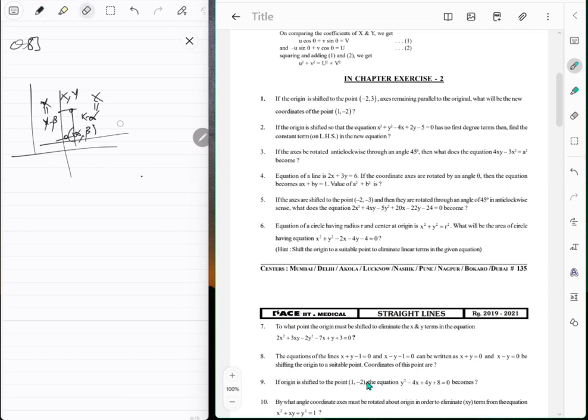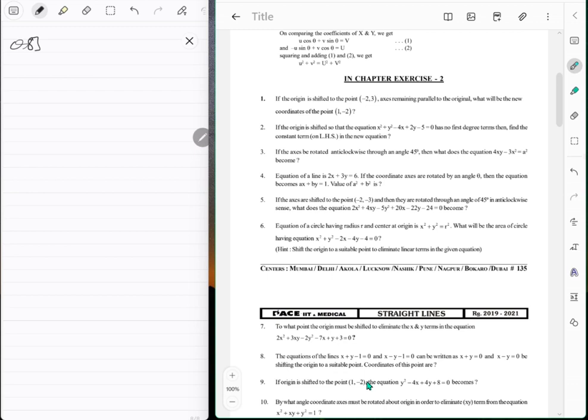You're putting small x as capital X plus alpha and small y as capital Y plus beta by these equations, essentially. So that means you have to put these values in that equation. So what I did was wrong. Man, these are really confusing. What was I doing once again?